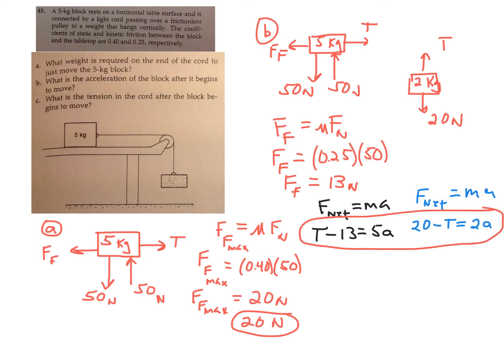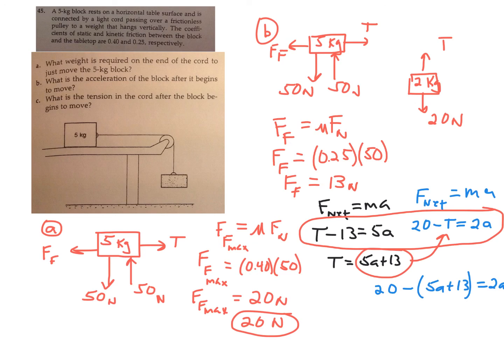For example, on the left-hand side over here, I would just solve for T. We'd have T equals 5A plus 13. And I would take that, 5A plus 13, and plug it in here for T. So you would have 20 minus that quantity, 5A plus 13. Make sure you keep that in a quantity, equals 2A.